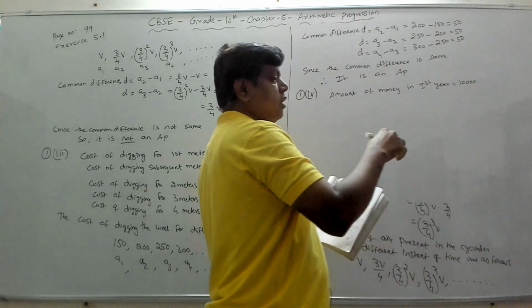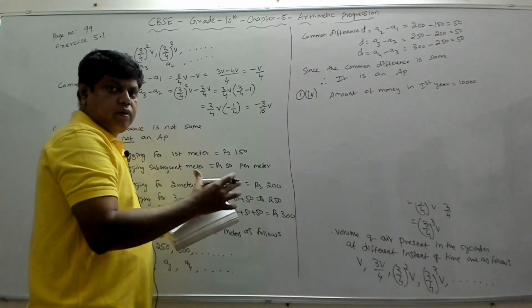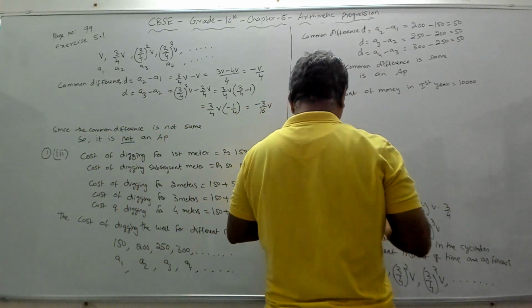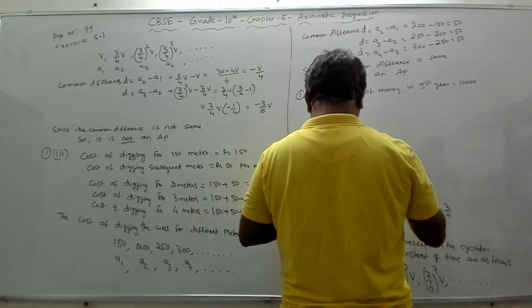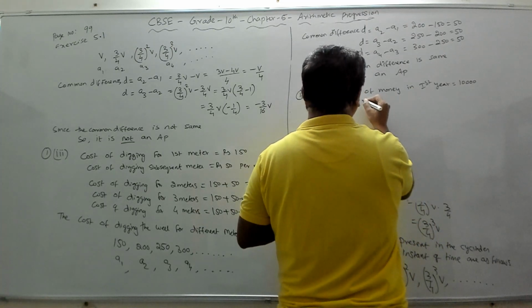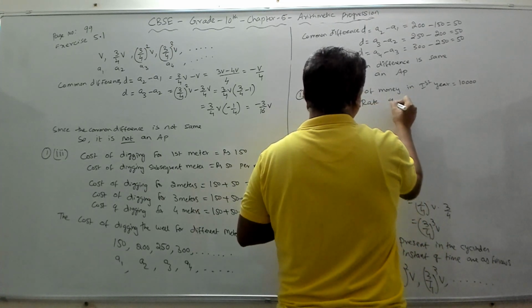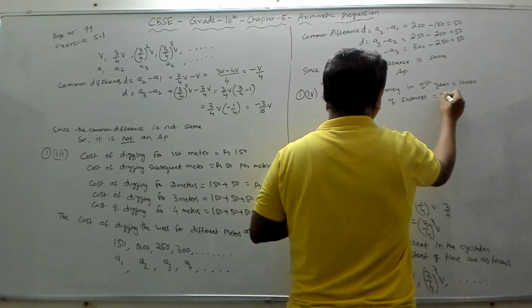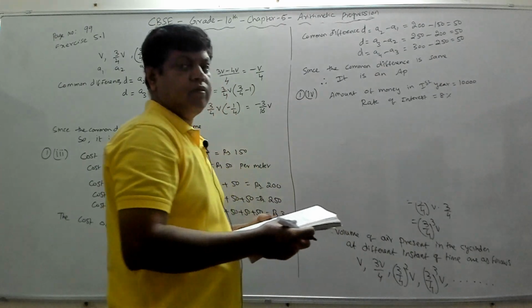Initially, first year, the amount in the account is 10,000 rupees. Now, it is compound interest of 8% per annum. So rate of interest is 8%. That is the rate of interest.